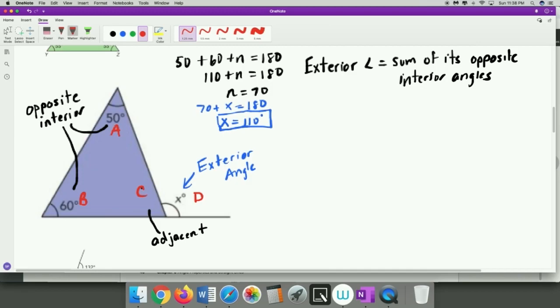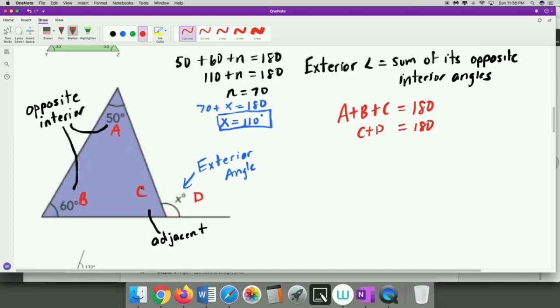So hopefully you guys recognize that A plus B plus C equals 180 degrees. And then hopefully you recognize that C plus D also equals 180 degrees, right?